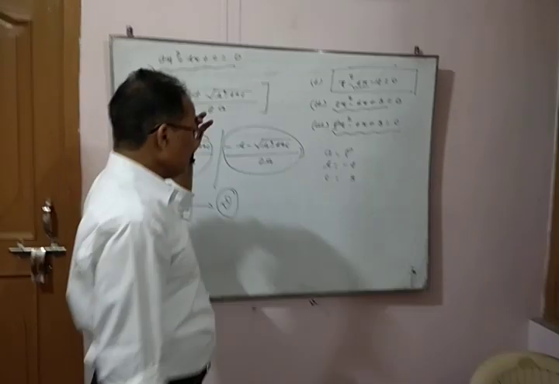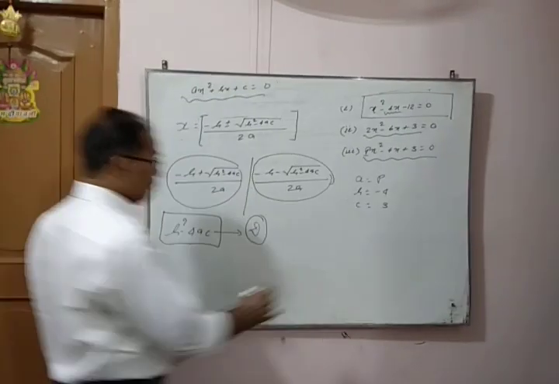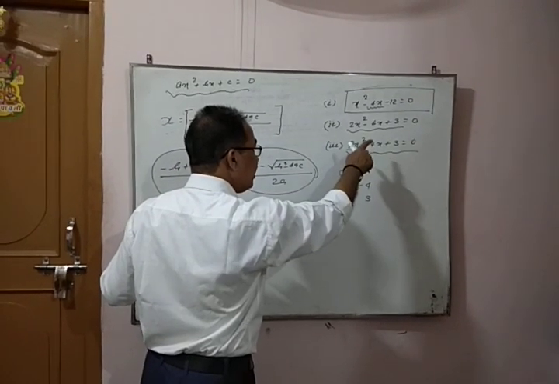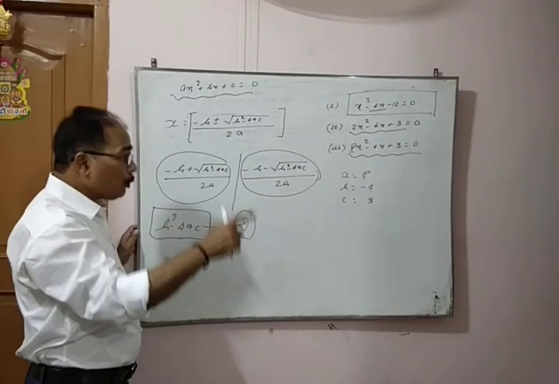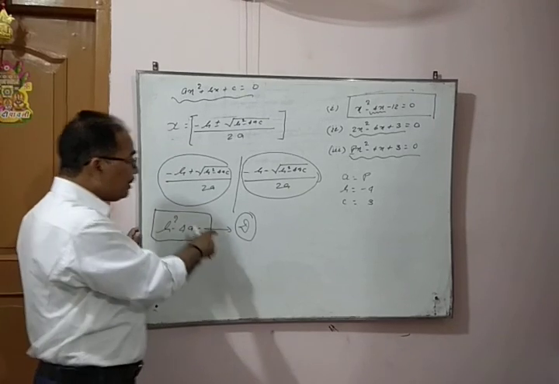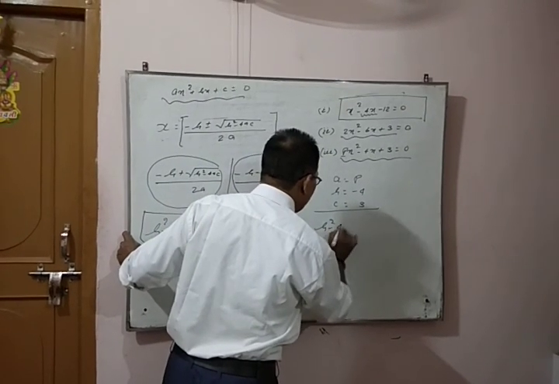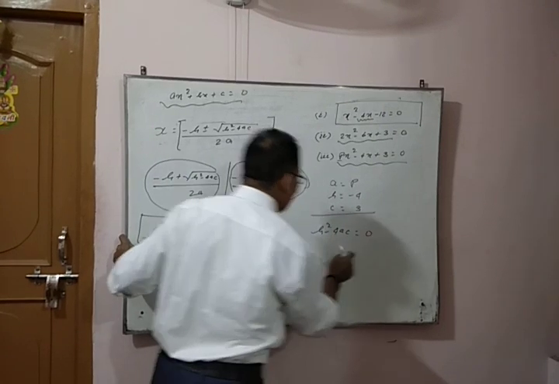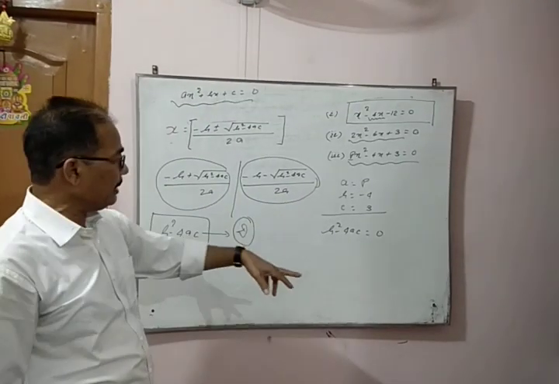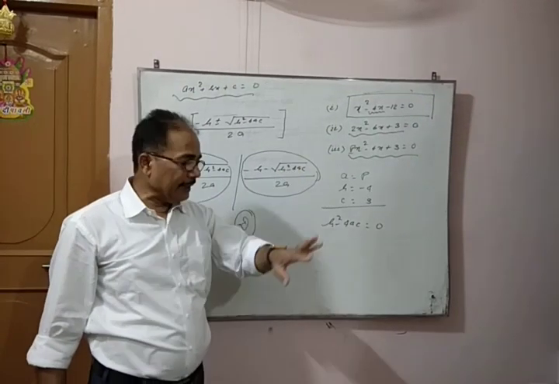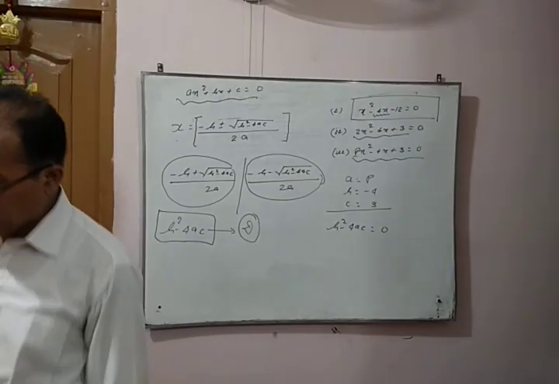Since it is given that the roots of the given equation are real and equal, it means the value of D will be 0. Substitute the values in b square minus 4ac equal to 0, simplify it, and you will get the value of p.